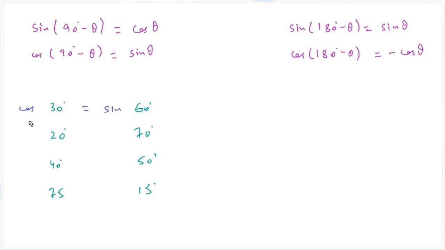If there are two angles जिनका sum 90 है, एक का sin दूसरे का cos होगा. Sine of 20 is the same thing as saying cos of 70. Sine of 40 is the same thing as saying cos of 50. Cos of 75 is the same thing as saying sine of 15, and so on.